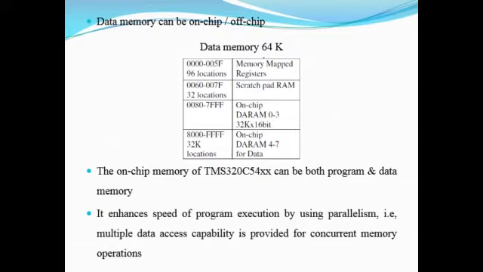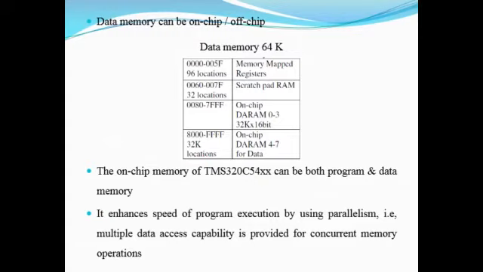So the main idea of using program and data memory as on-chip memory is that it can enhance the speed of program execution by using parallelism. That is, multiple data access capability is provided for concurrent memory operations. It is nothing but the parallelism process we have already discussed, like accessing multiple data.